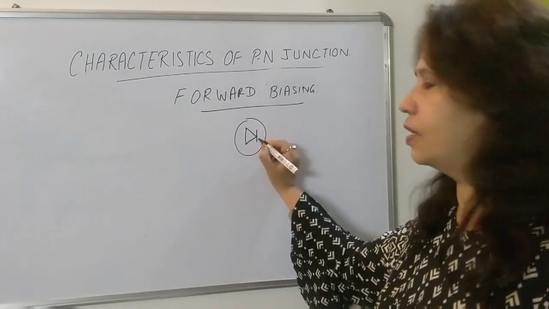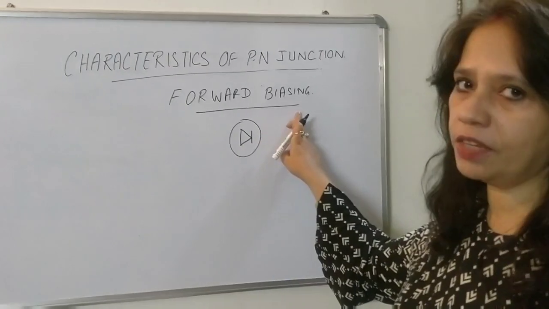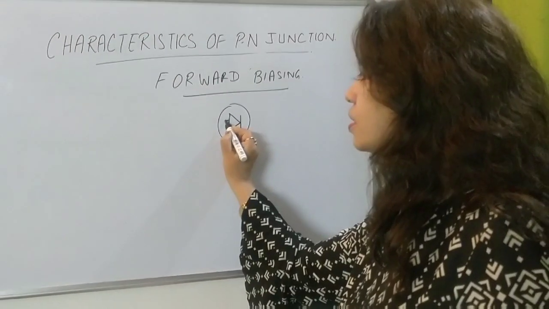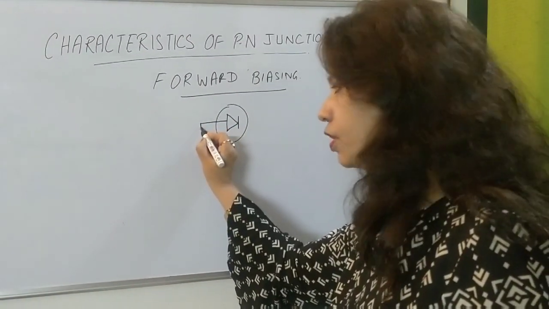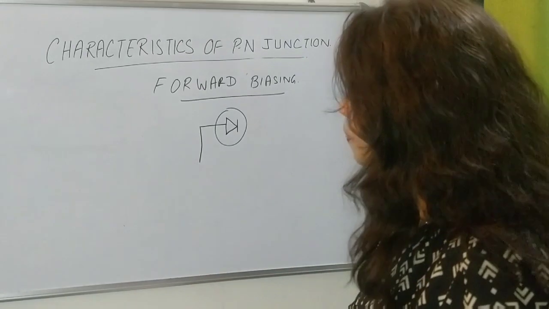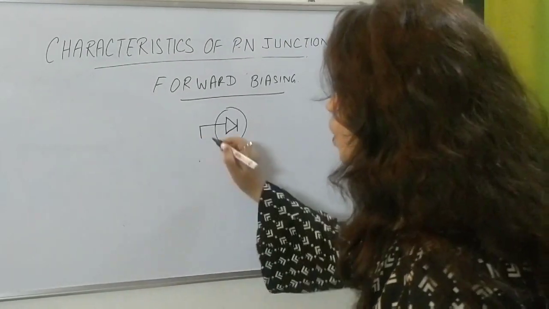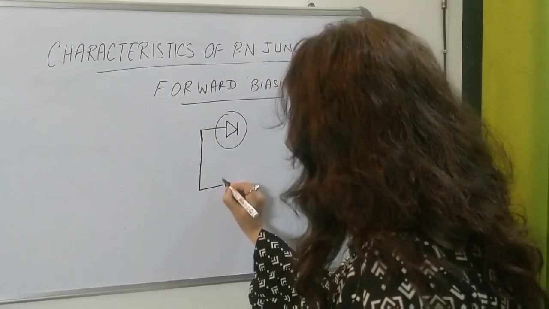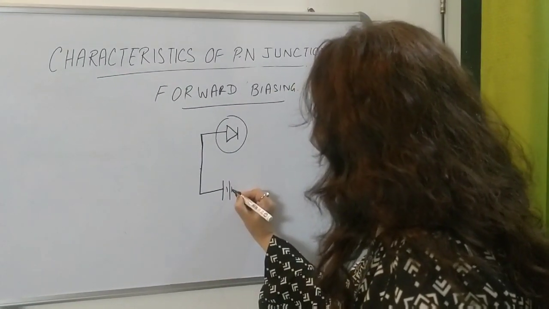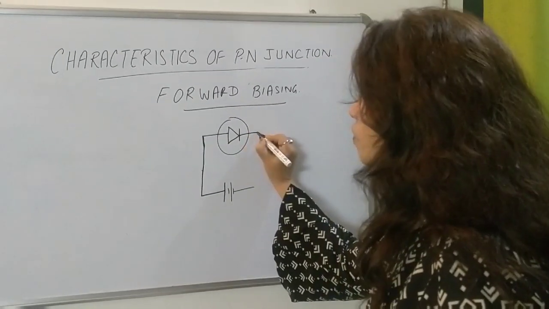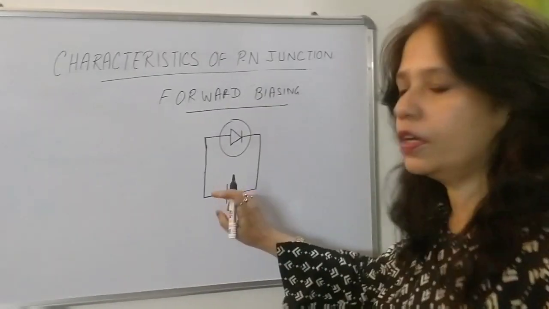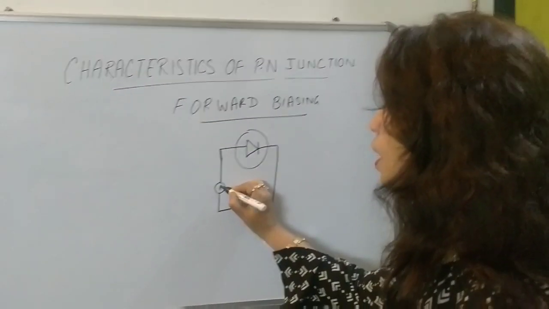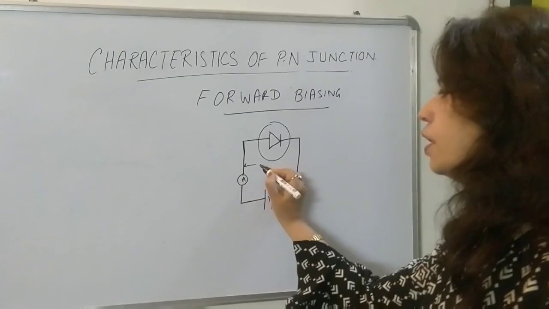This is P and this is N. In the forward biasing, which is called the true connection, let us recall we connect the P with the positive of the battery, and N with negative. Here we can insert an ammeter and a voltmeter in parallel.